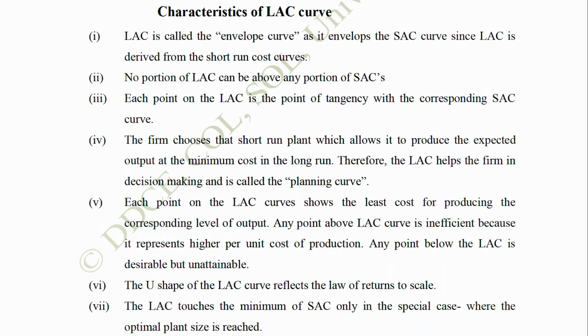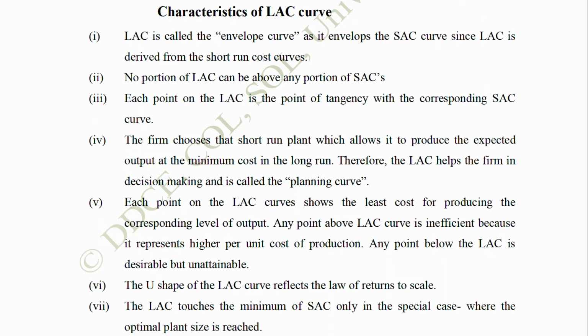Point number 3. Each point on the long-run average cost curve is the point of tangency with the corresponding short-run average cost curve. Point number 4. The firm chooses that short-run plant which allows it to produce the expected output at the minimum cost in the long run. Therefore, the long-run average cost helps the firm in decision making and is called the planning curve.